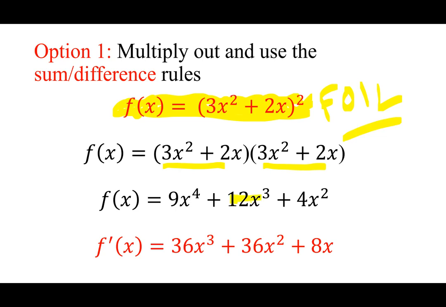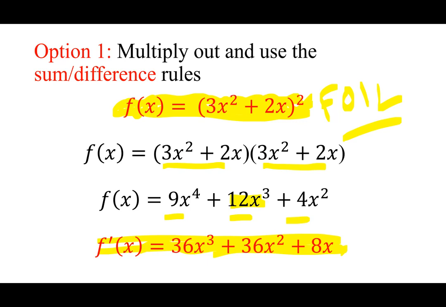Your outers and your inners would both be 6x cubed, which you would then combine to get 12x cubed. And then if you were to use the power rule one term at a time, you would bring down the exponent, multiply it by whatever's in the front, and then go to the one less power. And you could say without a doubt that the derivative f prime would be equal to 36x cubed plus 36x squared plus 8x.